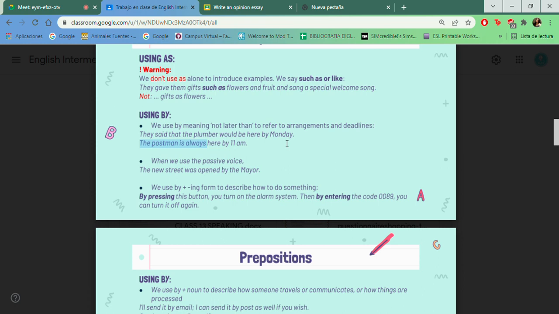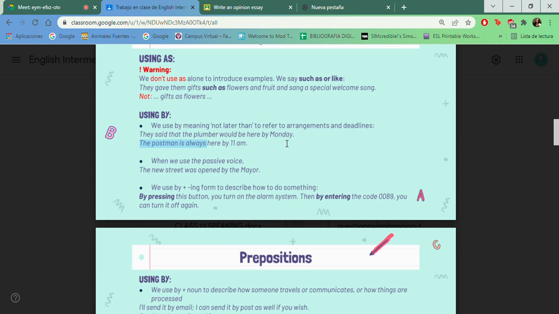I mean, you can use the word by. Of course, when we talk about the passive voice, when we focus on the action, the person who performed the action, you have to use the preposition by in that case.